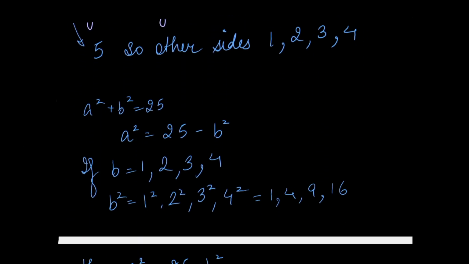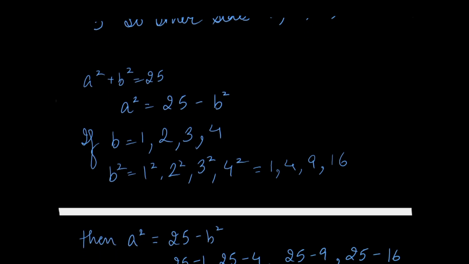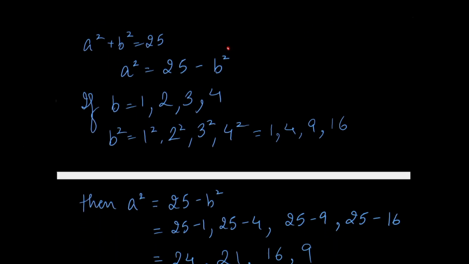Now we have the equation A square plus B square is equal to 25, which reduces to A square is equal to 25 minus B square. Now we can put in the values of B to get the values of A and see the values that are feasible according to the question.